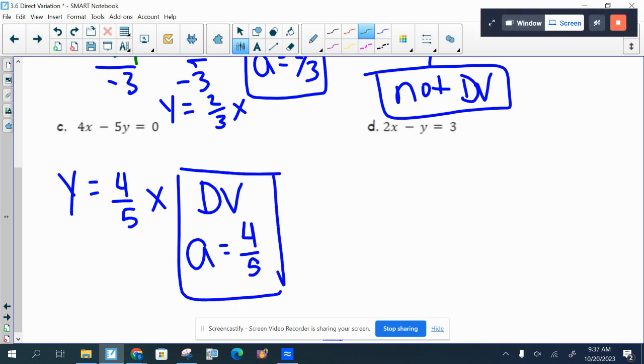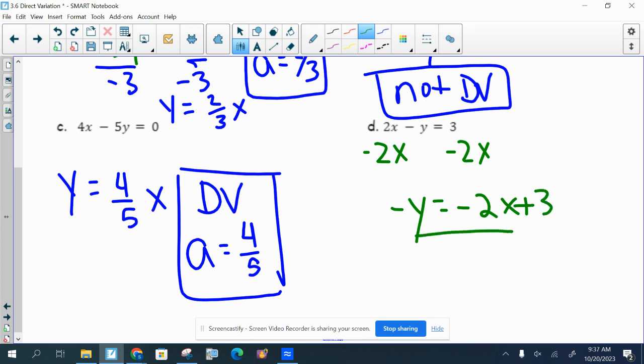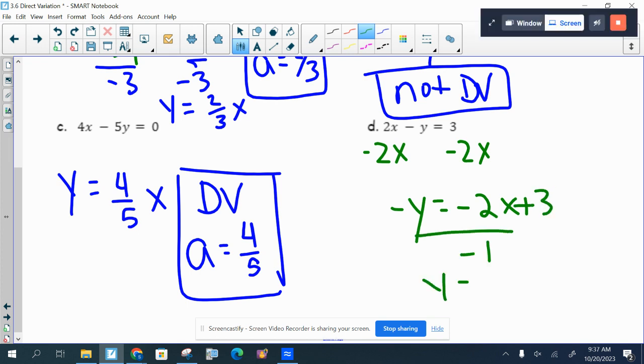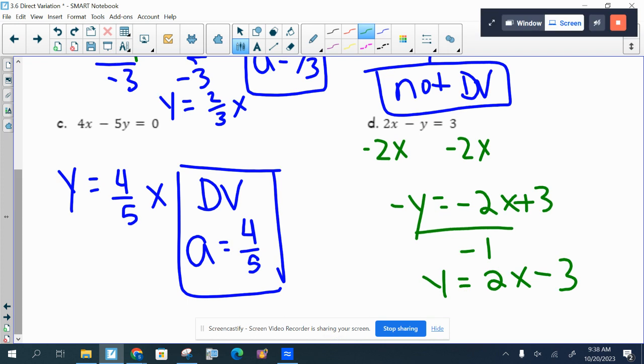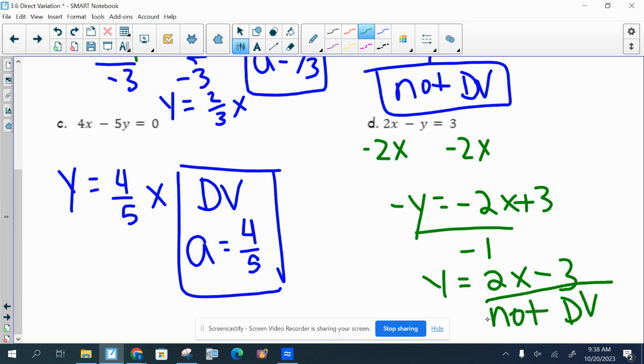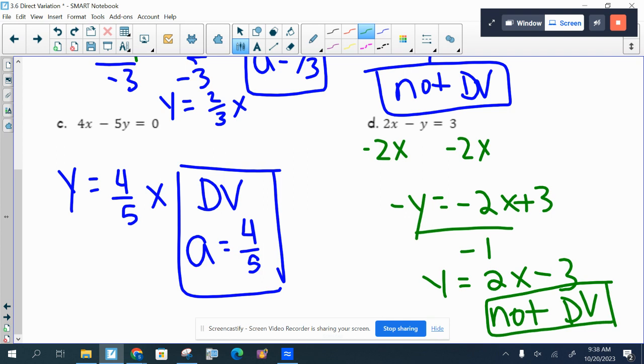For D, we're going to subtract the 2x over, get negative y equals negative 2x plus 3. Divide everything by negative 1 and get y equals 2x minus 3. Is this direct variation or not? Nope. Why? Because there's addition. Right. So not direct variation. Well, yeah, adding a negative.